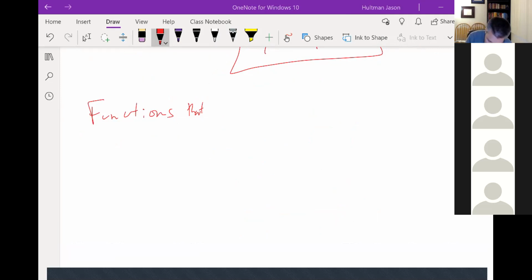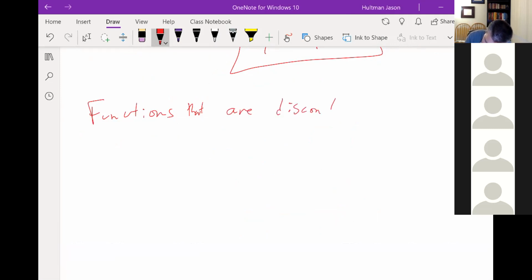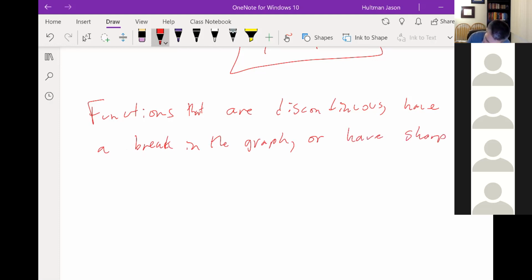Okay, functions that are discontinuous have a break in the graph, or have sharp corners, are not differentiable at these points.